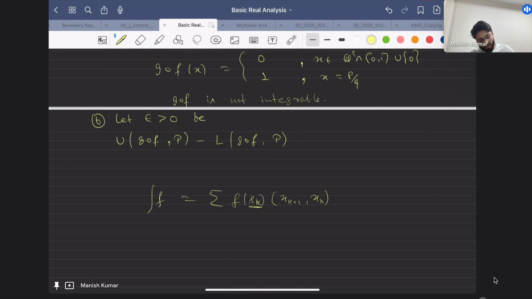If you start with this definition, then from here you can derive that f is bounded. So for Darboux sums, this is just a necessary condition, and obviously it is a necessary condition.